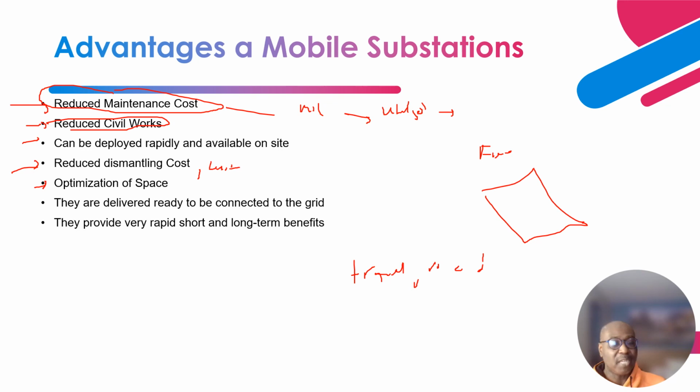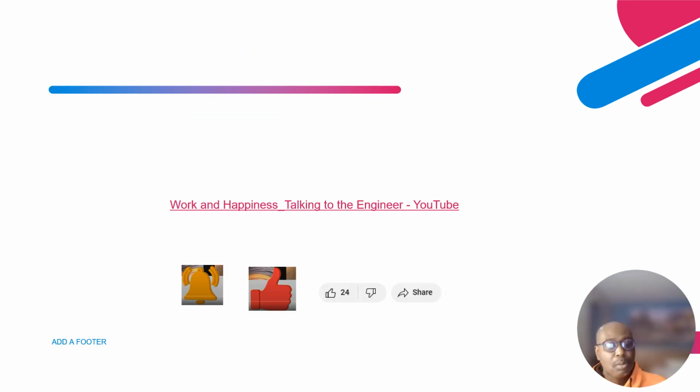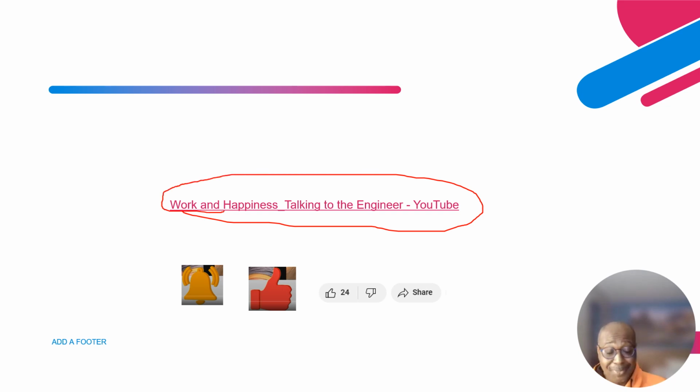And also space, right? You are utilizing smaller space, because think about it, the circuit breaker, disconnect switches and all those can take bigger space in the substation. And they are delivered ready to be connected to the grid, and they help to provide rapid short and long-term benefits.